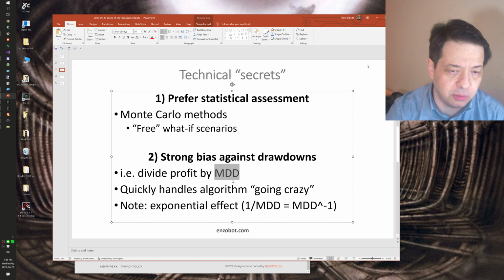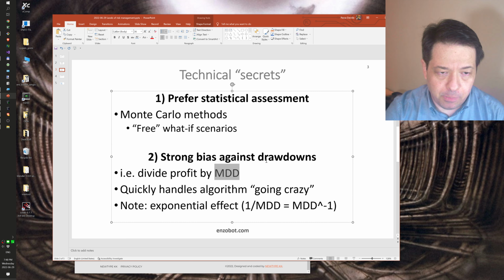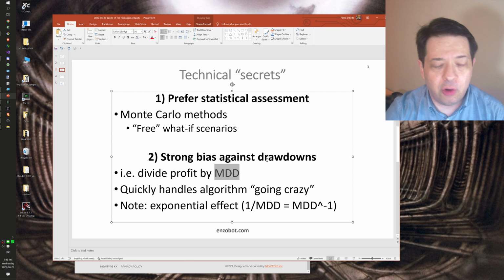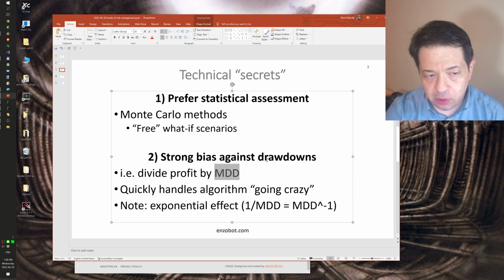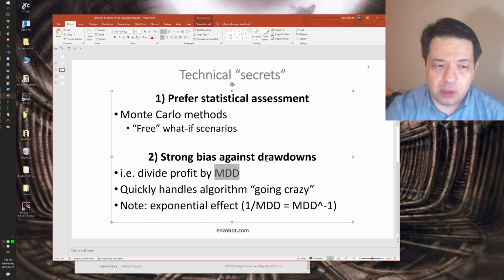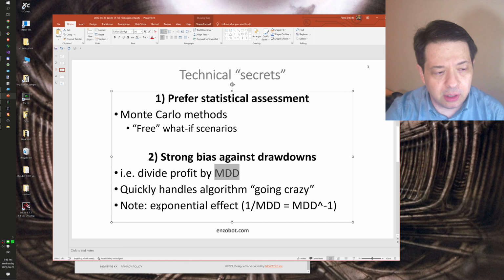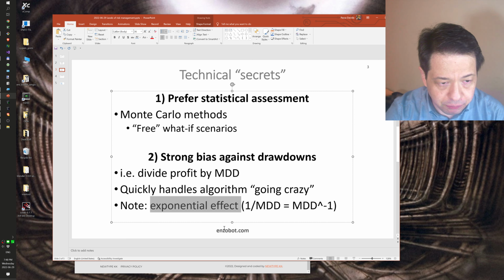And the reason is that drawdowns are really at the core of loss, of potential catastrophic loss. You want to have a very strong bias against it, and a division basically behaves like an exponential effect.